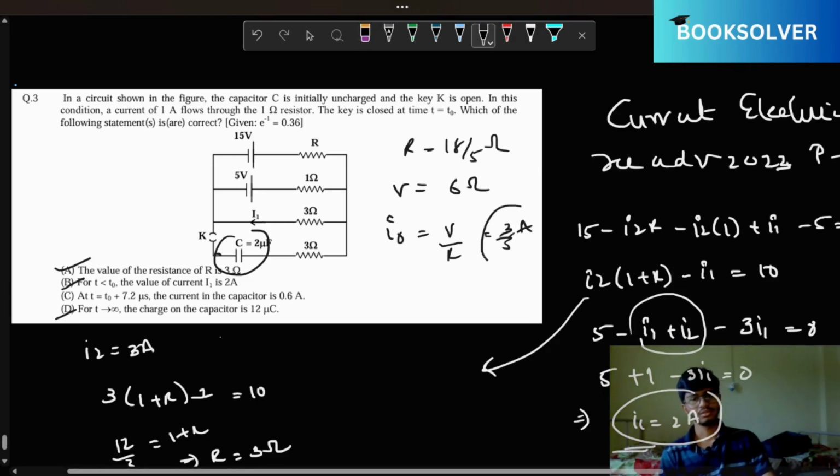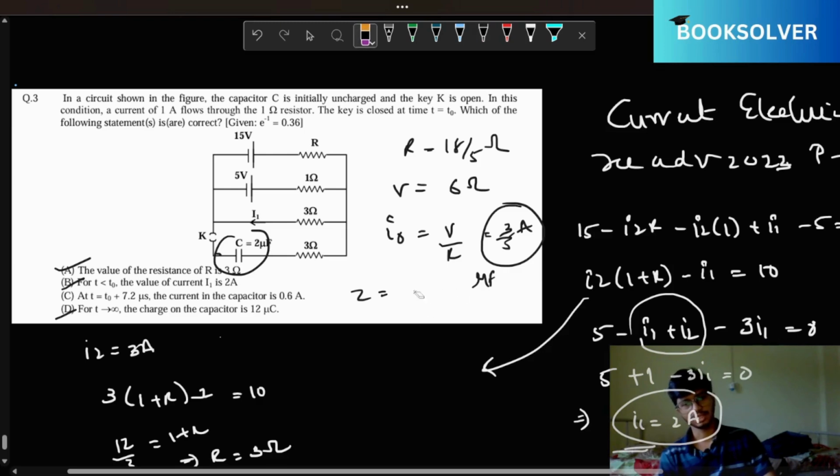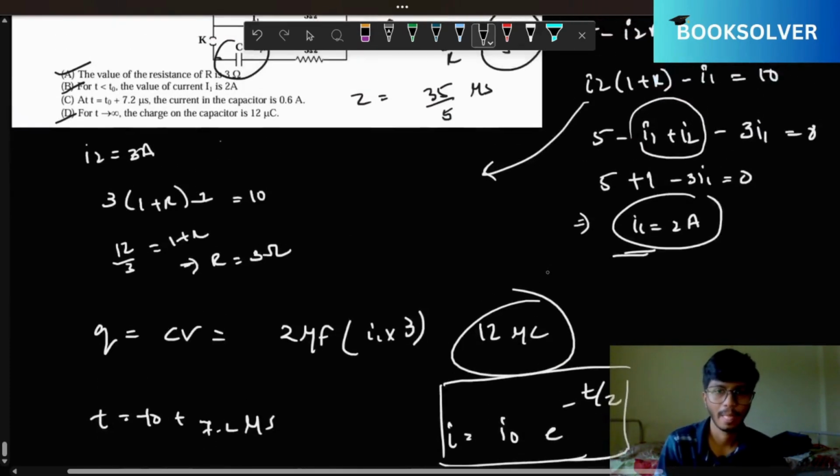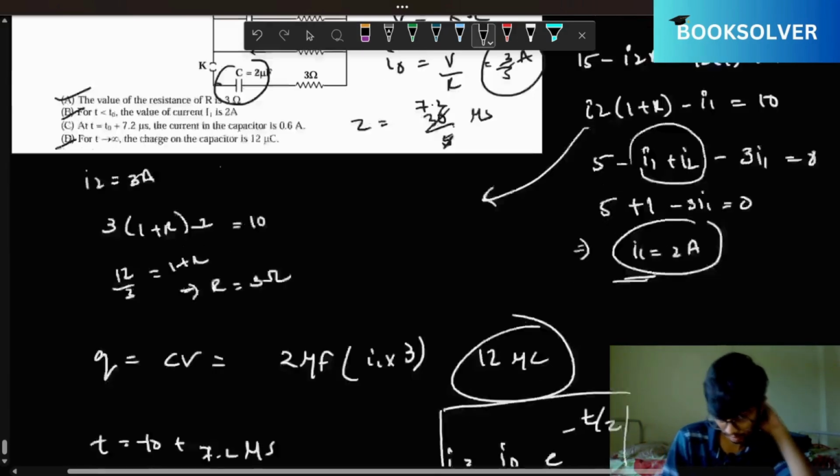Okay. So we have I naught equal to 3 by 5, and tau equal to 18 by 5 into 2 microfarads. That is 36 by 5 microseconds, which is actually 7.2.